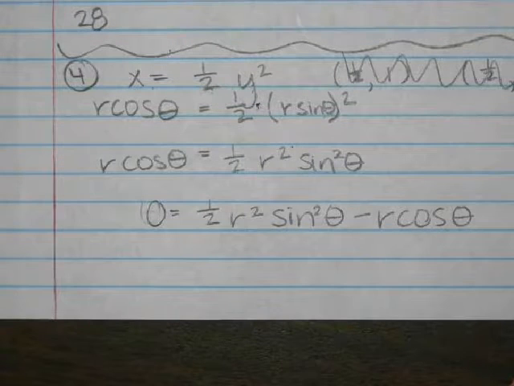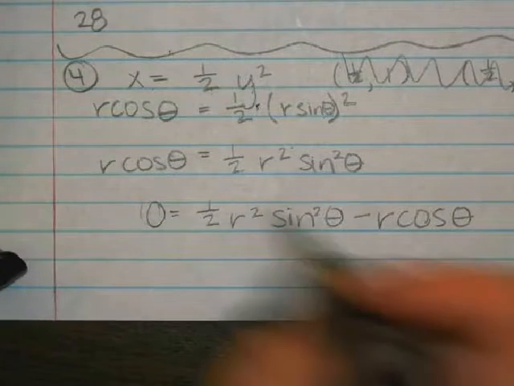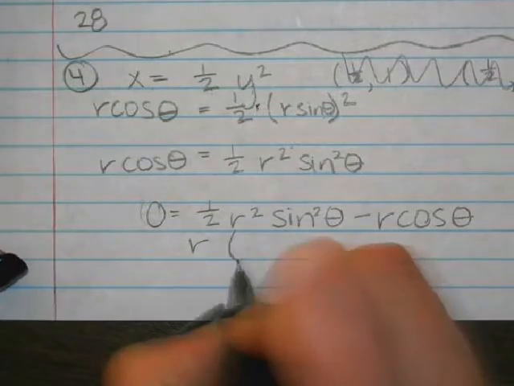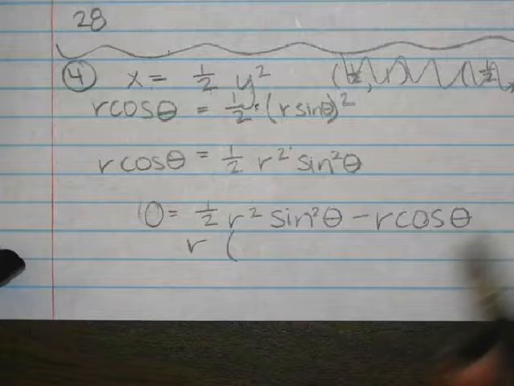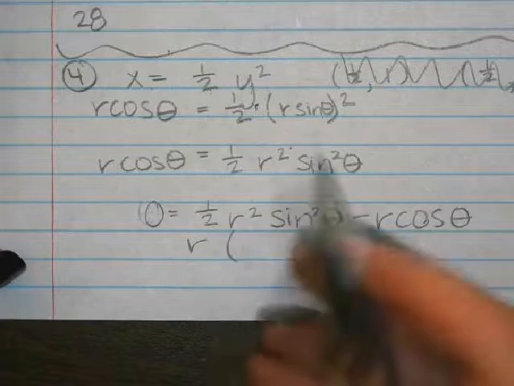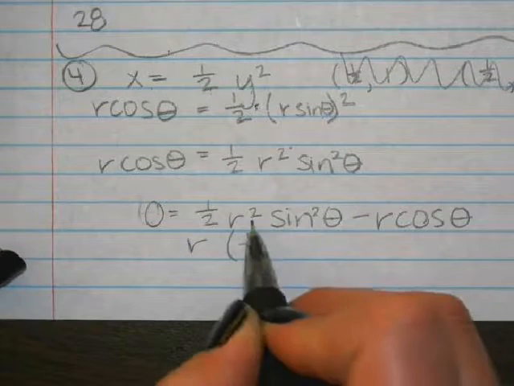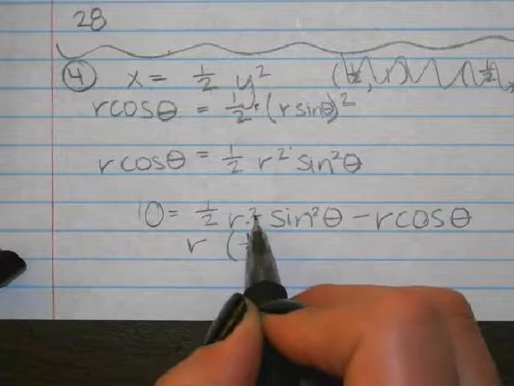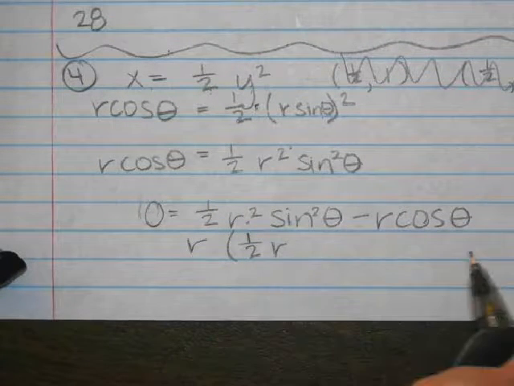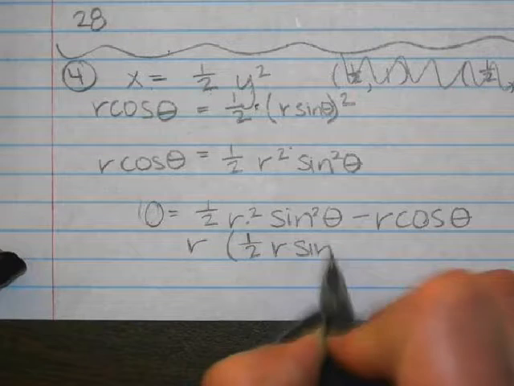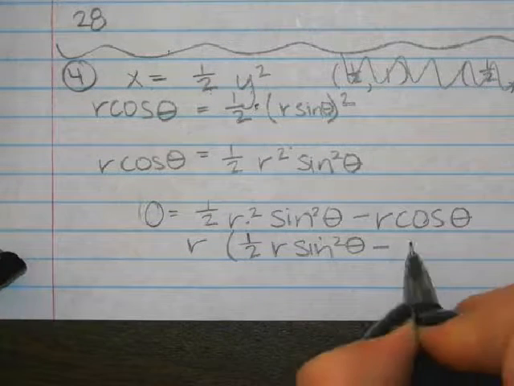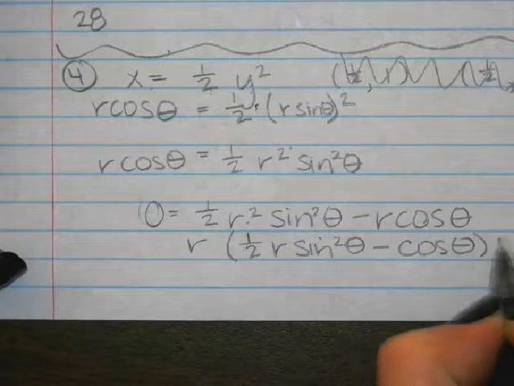And this is when we factor, because we're isolating the r. So I'm going to take the r out, and then what's left over? I still have an r in this one, because I took out 1, but it leaves 1/2 r sine squared theta minus cos theta.